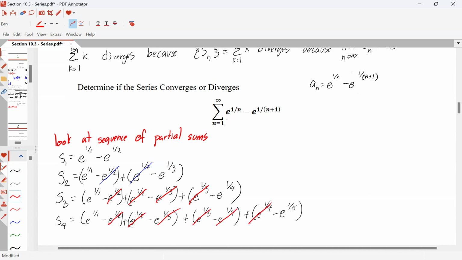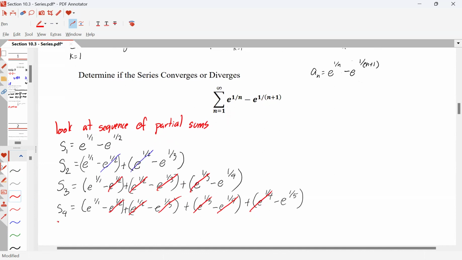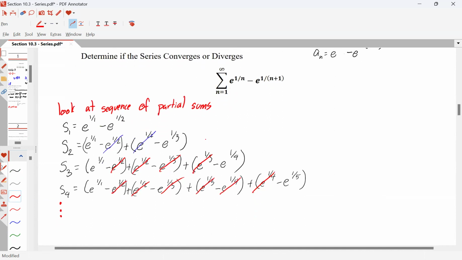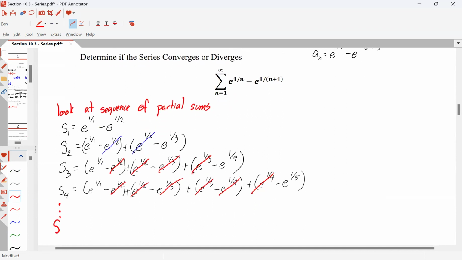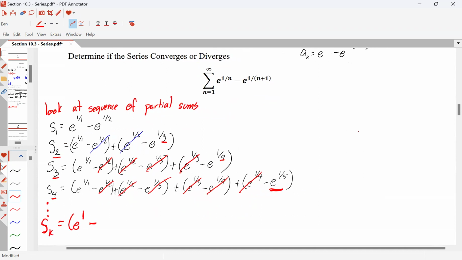And hopefully we're seeing the pattern that if we continued this at any level s sub k, we'll get that first term, e to the 1 over 1, or e to the first, minus this very last term. But notice the numbers here. The thing that's not going away is the k plus 1 part of our sequence.